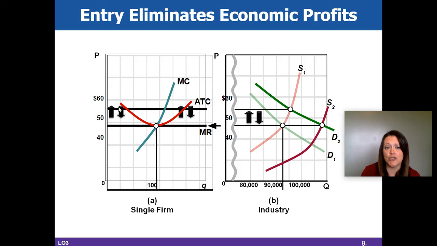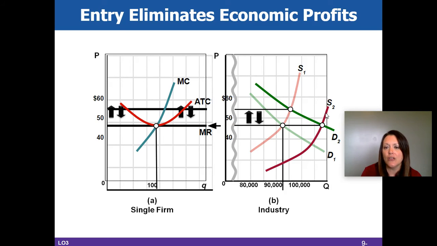So if we're in a situation where our price is up here around $55, that's where entrepreneurs begin to notice each other making money, and some of them are going to enter. When they enter, if we go over here, if this is our original supply curve, when those new entrepreneurs enter the market, it shifts our supply curve to the right.